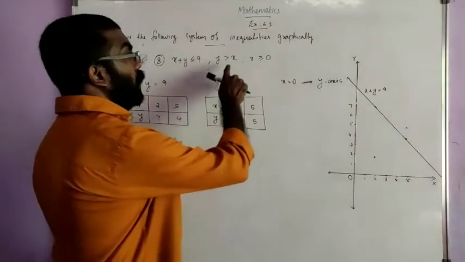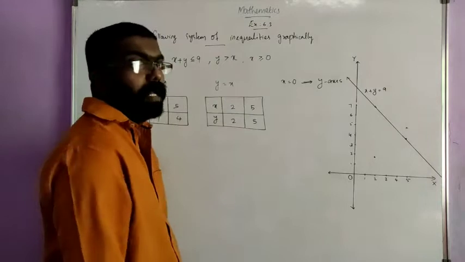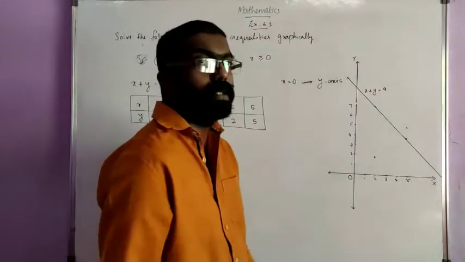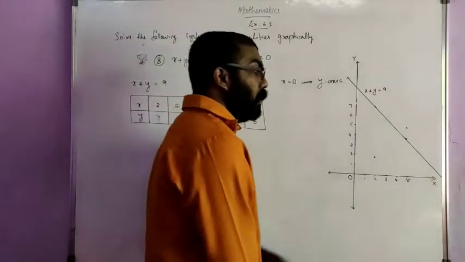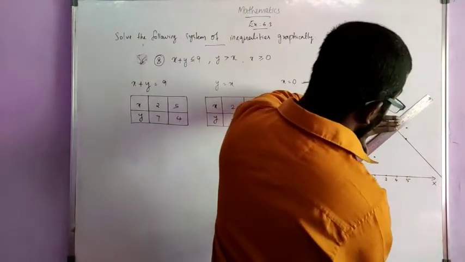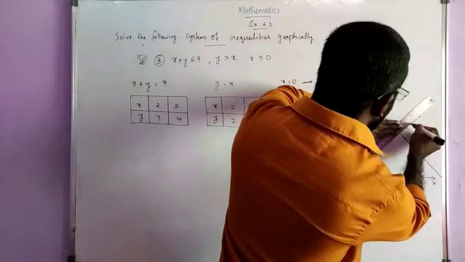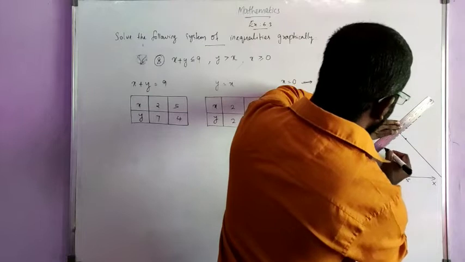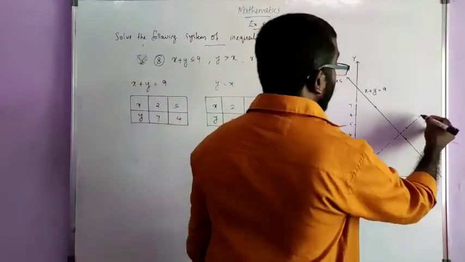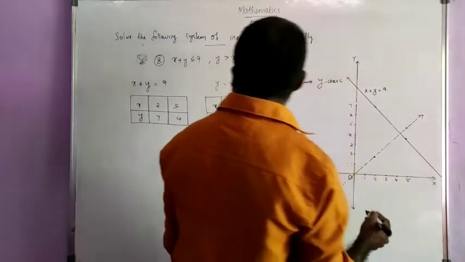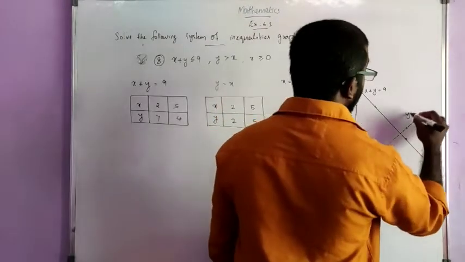Okay. Here the inequality sign is greater than, so we have to join these 2 points using a dotted line. Okay, broken line. And we can write y is equal to x.